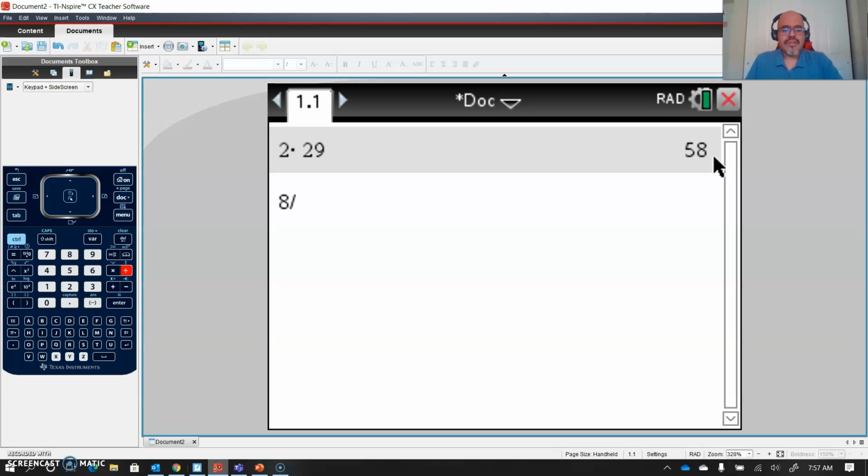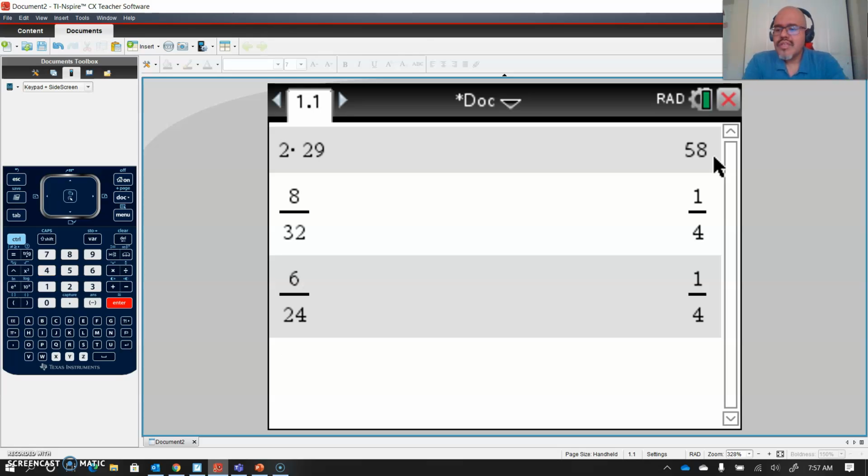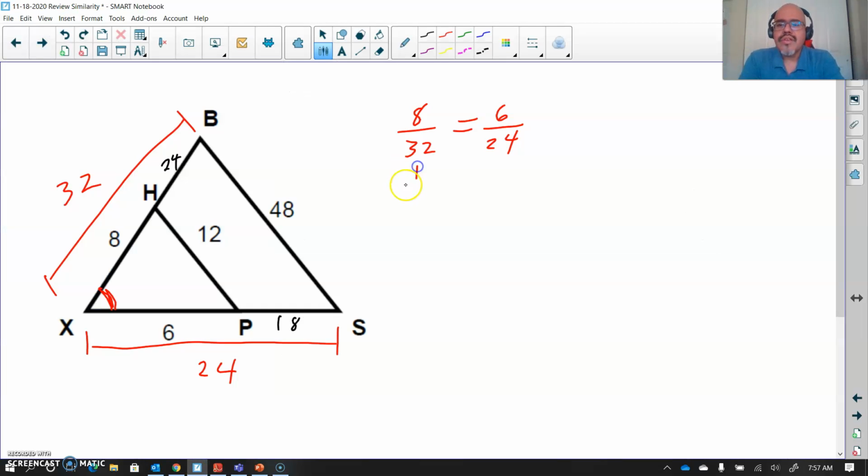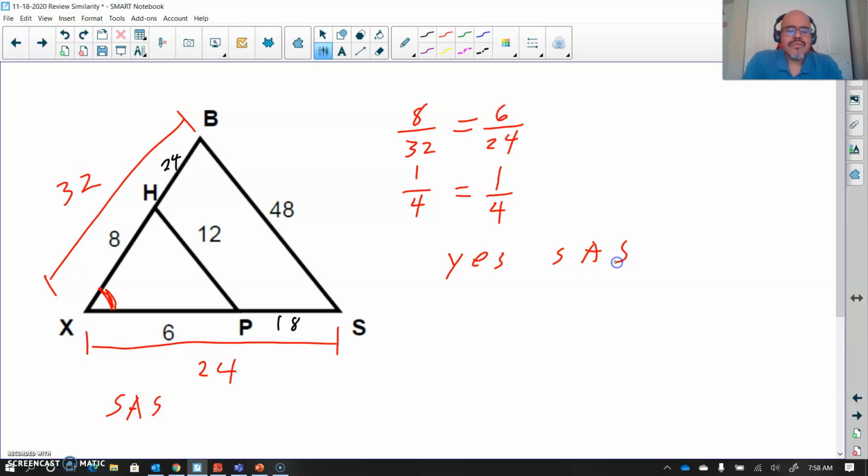They both simplify to 1/4. So they are similar according to side, angle, side similarity. Or let's check for side, side, side similarity. So 12 divided by 48, and that definitely simplifies to 1/4 also.